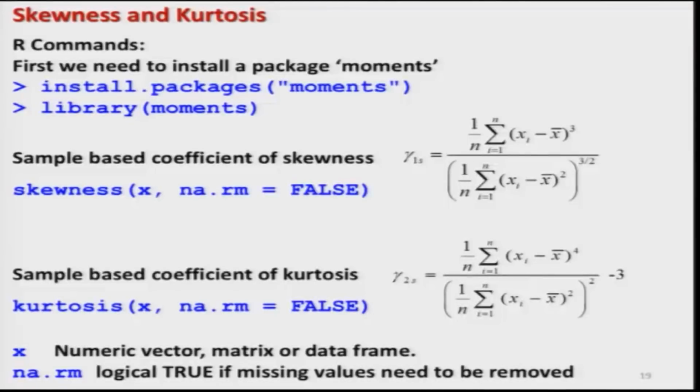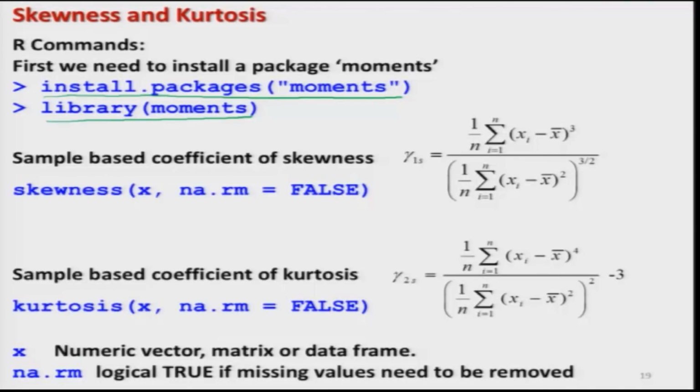So, we try to understand it here. In order to compute the coefficient of skewness and kurtosis in R, first you need to install the package moments by the command install.packages. Inside the arguments you have to write moments, and then you have to load this package moments.